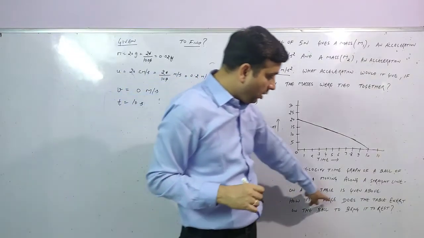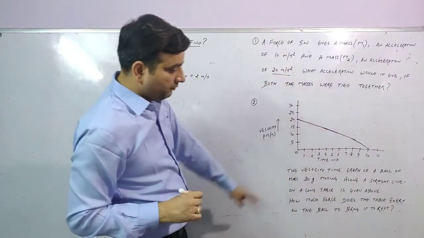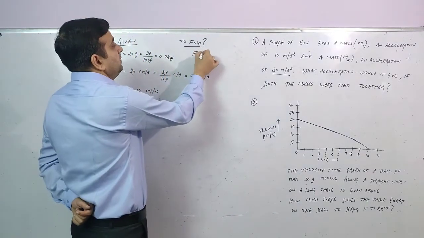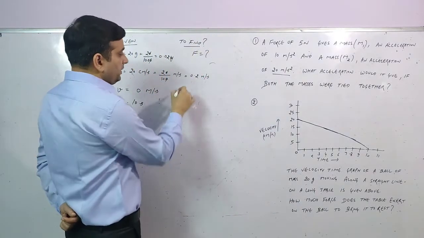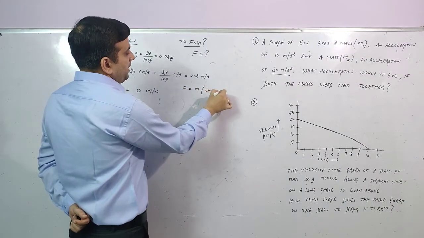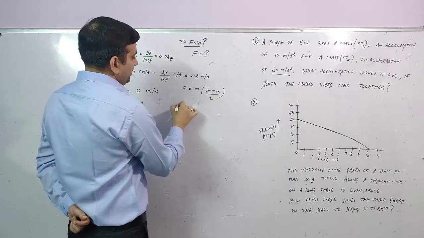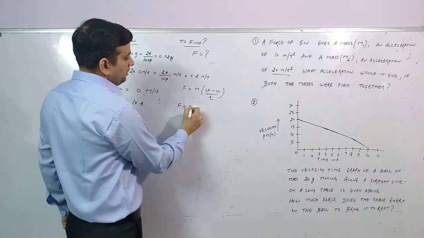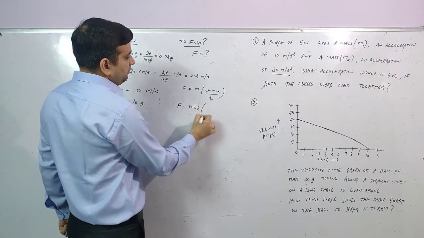So what they are asking is how much force the table exerts to stop the ball. The force we have to calculate. So force is equal to mass times v minus u by t. Now put these values. We have already converted mass into kilogram: 0.02.